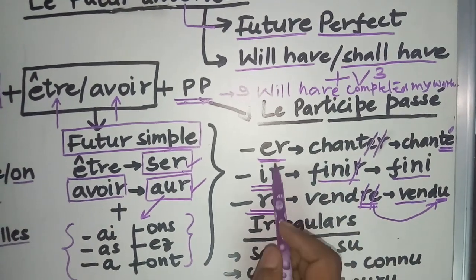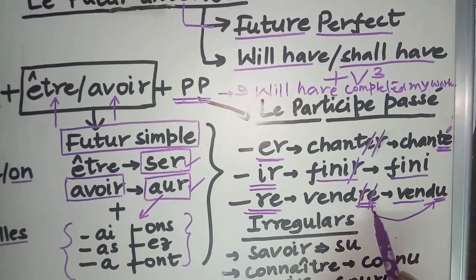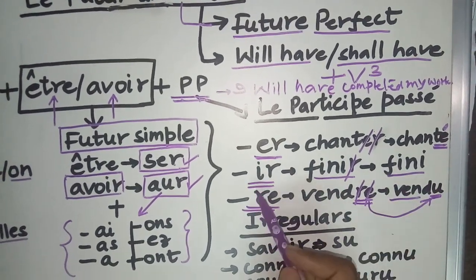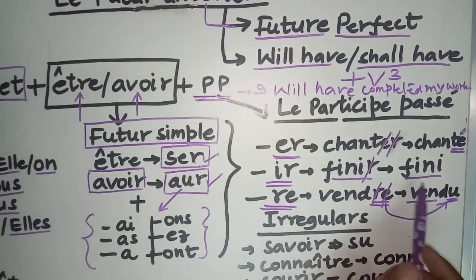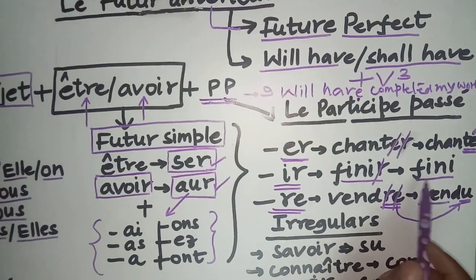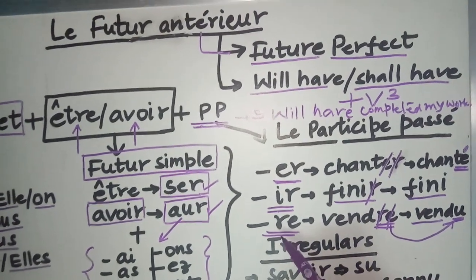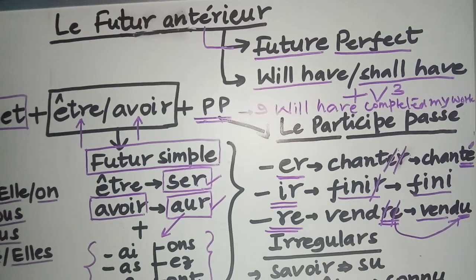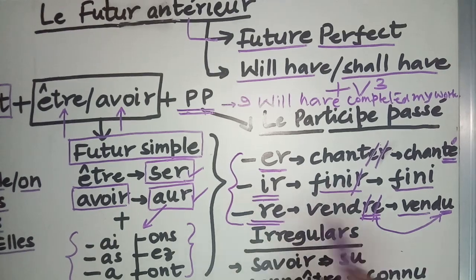So I have dealt with er ending verbs, ir ending verbs and re ending verbs. Er, drop er and add é, acute accent. Ir, drop the final r and nothing to add, leave it as it is. This is the participe passé form of an ir ending verb. And for re ending verbs, drop r and e both and add u. This I have talked about for the regulars, these are for regular verb conjugations.